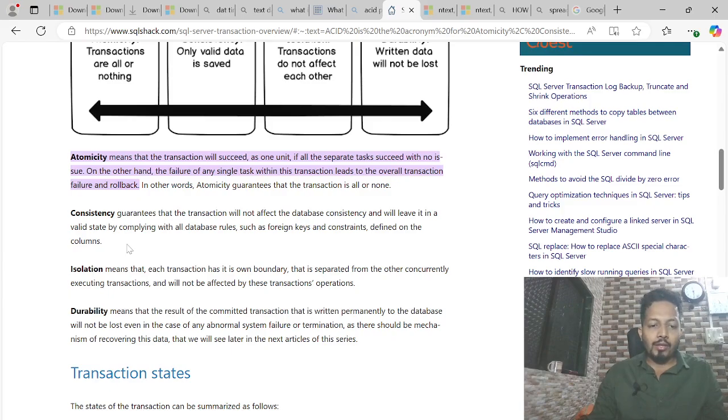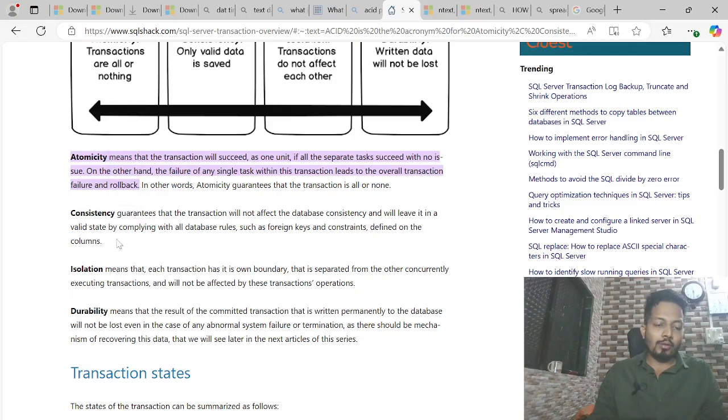Like if we have one table where the rule is that values cannot exceed the 0 to 100 range, no transaction will be able to enter a value out of that range. That is consistency. SQL Server will always follow the rules.